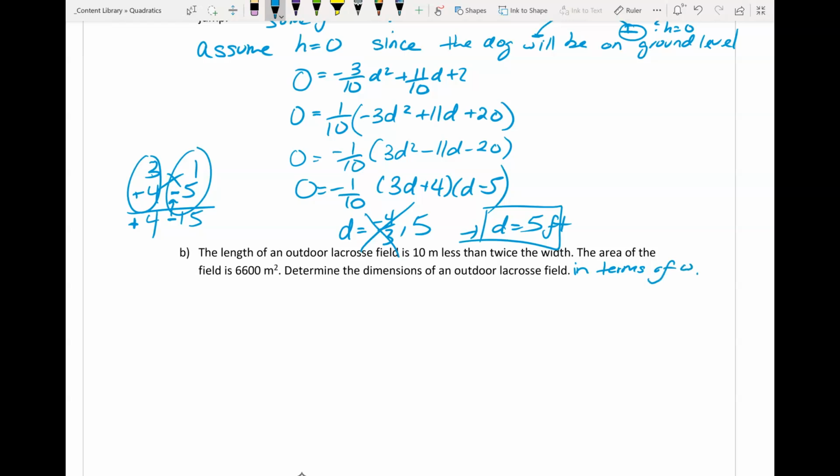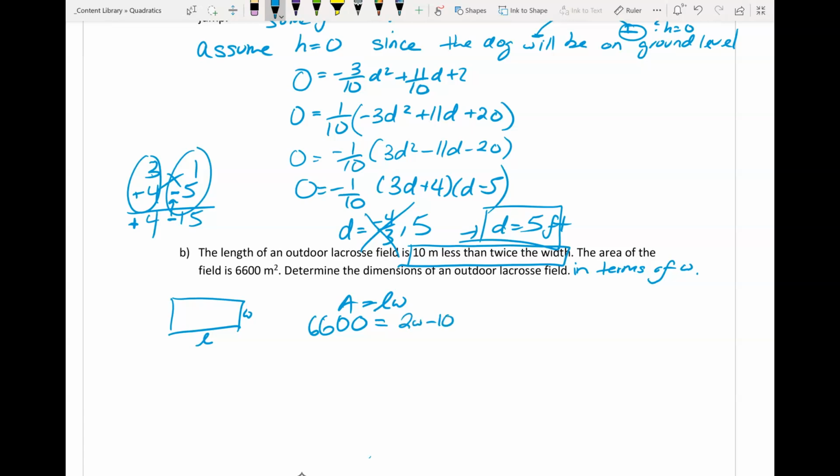So we know the area of any rectangular shape is length times width. You know what the area is, it's 6,600. And we're given a piece of information here. The length, so this L, is 10 meters less than twice the width.